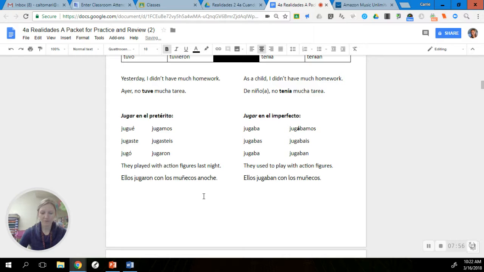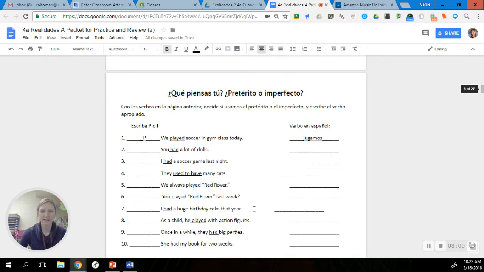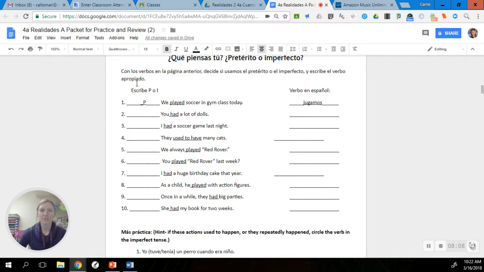So what I would like for you guys to do then here is going through this práctica here. ¿Qué piensas tú? So what do you think? Is it el pretérito or imperfecto? So it says, con los verbos en la página anterior, which is below here, decide si usamos el pretérito o imperfecto y escribe el verbo apropiado.